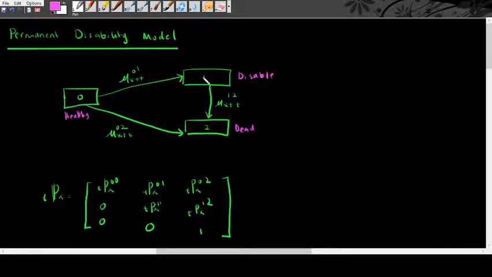If the person is in state 1, it can still remain in state 1, which is tPx11, and there's no possibility from 2 to 1, so it will be 0 here. Therefore this probability will equal 1, because the summation of all of these equals 1, and here would be tPx12.